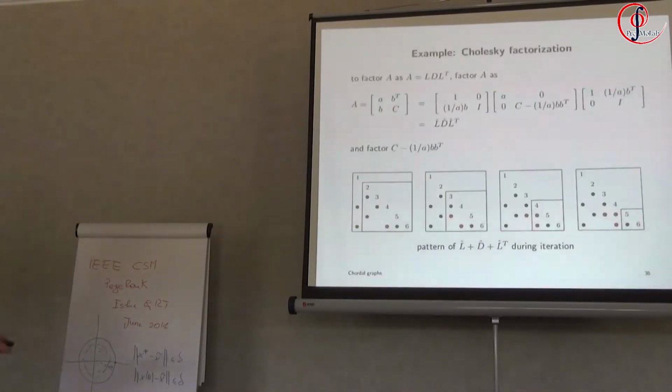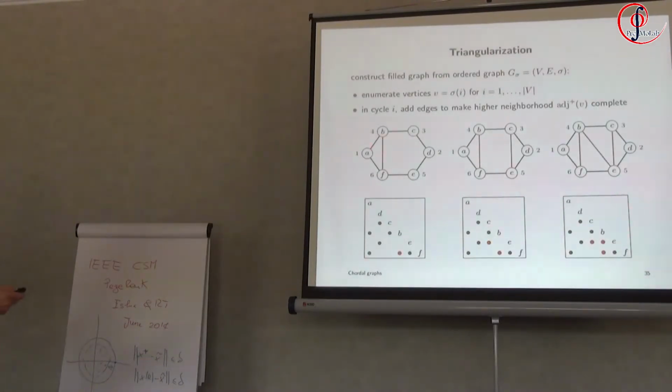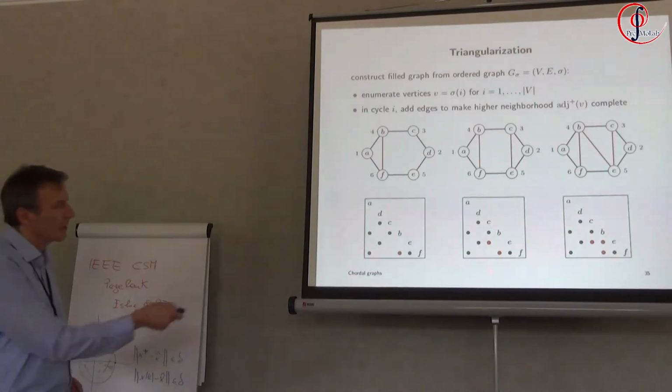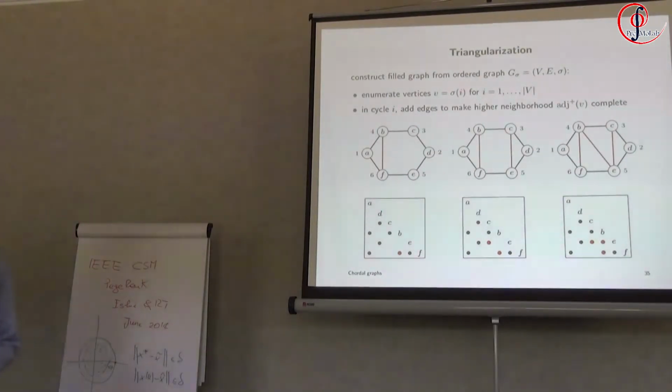in practice, because chordal graphs are often obtained by triangulation, it's useful to be able to analyze a triangulated graph from the original graph before triangulation, without actually computing all the fill-in and then counting the number of added non-zeros.